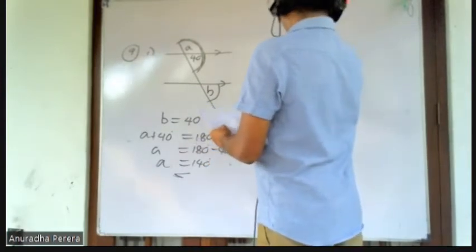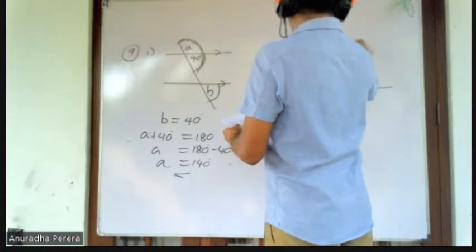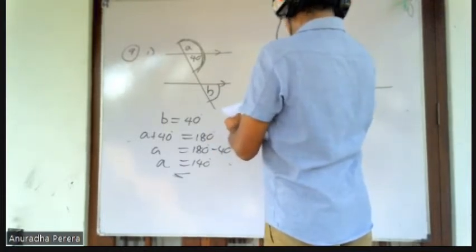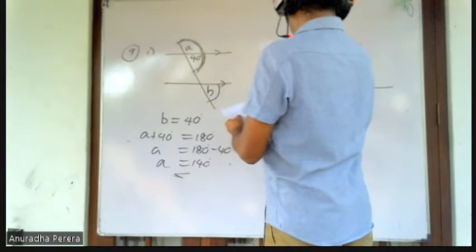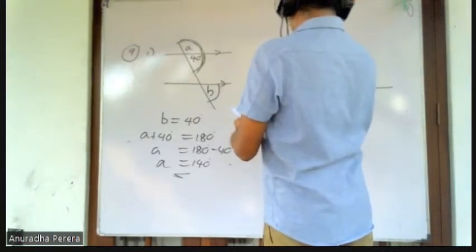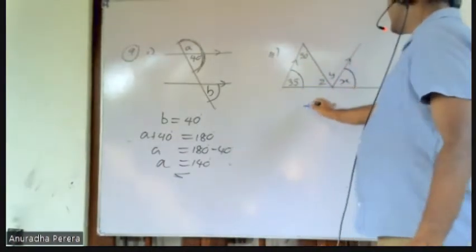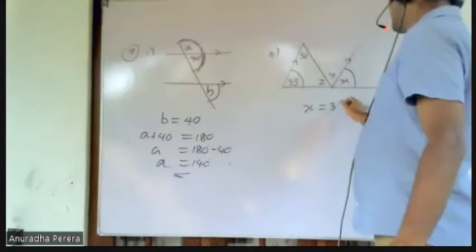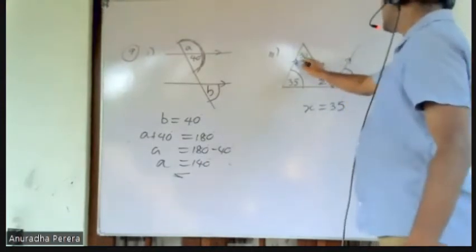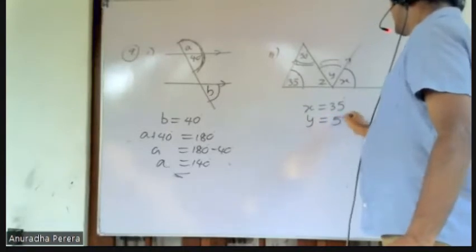Third one. 50, 35, Z, Y, X. X is 35. The reason: corresponding angles. Y is 50. Alternate angles.